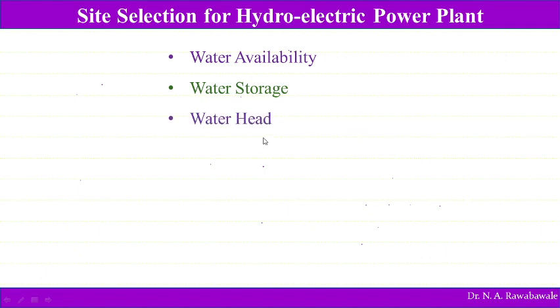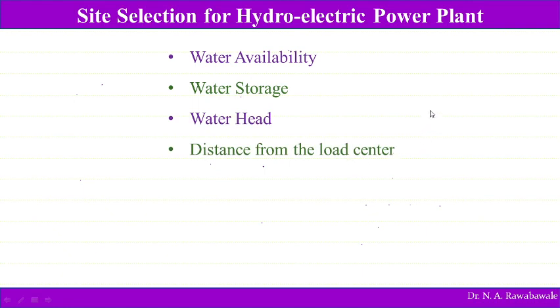Then waterhead. Wherever we construct the dam, it should be at a higher altitude than the lower side of the river, so that it has a high head. If there is a high head, then the high potential energy of water can be converted into electrical energy.